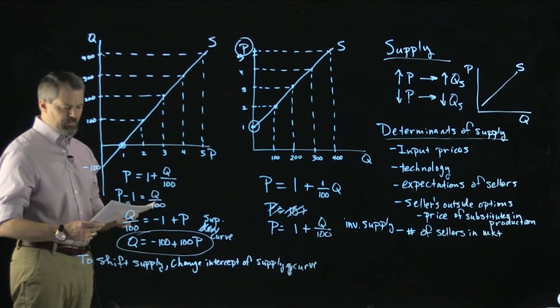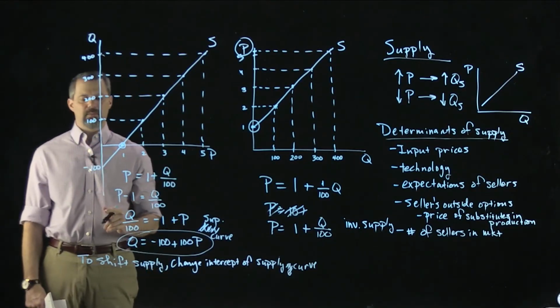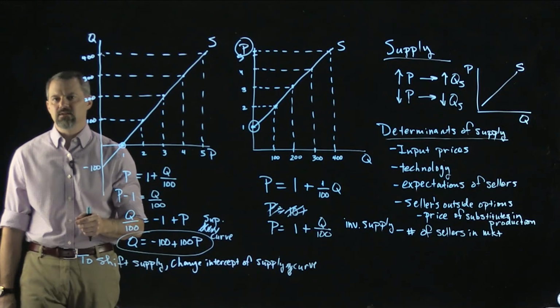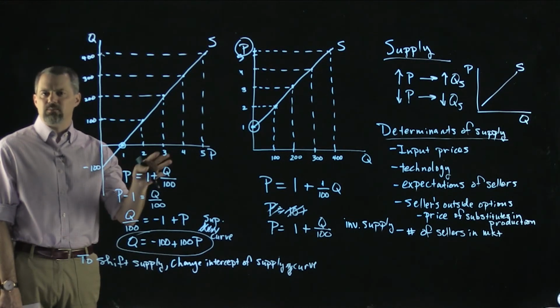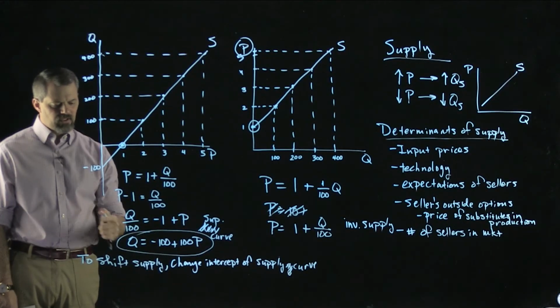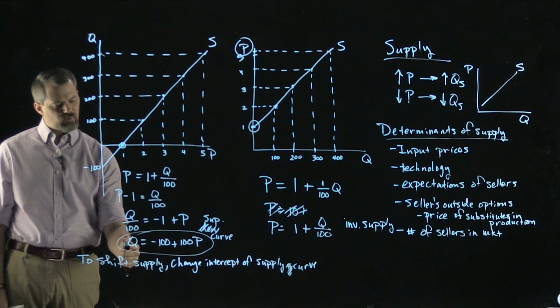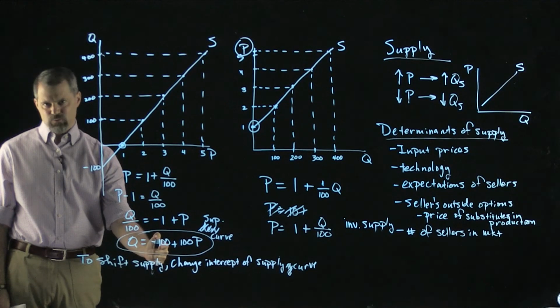Suppose I gave you an example like we did with demand. Let's suppose that supply changes such that sellers want to sell 100 more units than before. So supply increases by 100 units. Then we're going to take this supply curve and increase the intercept by 100. Now the intercept is negative 100.